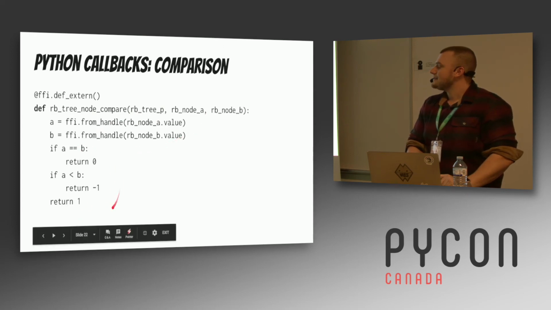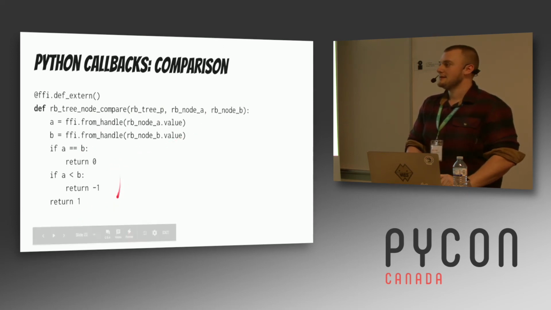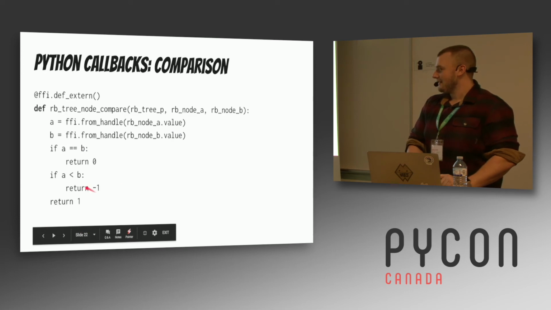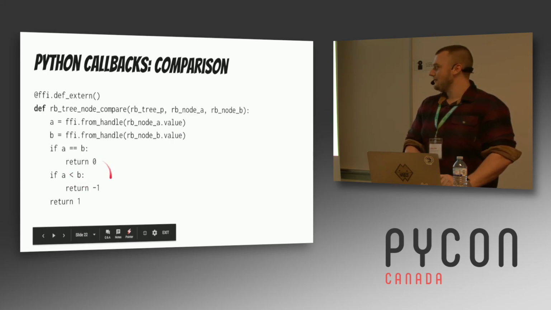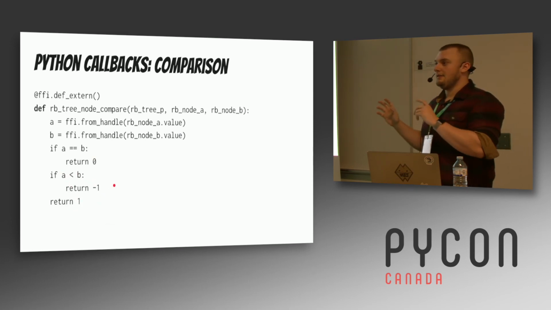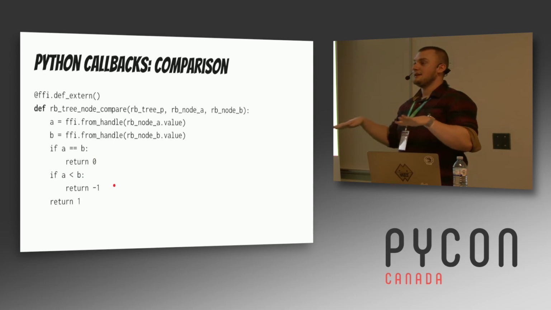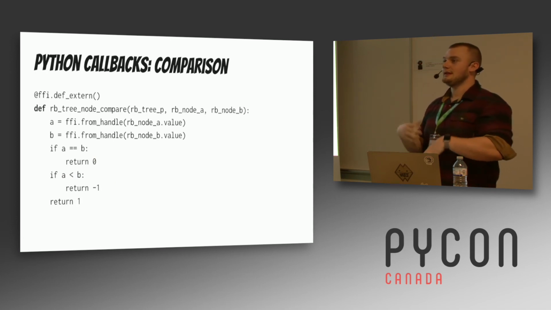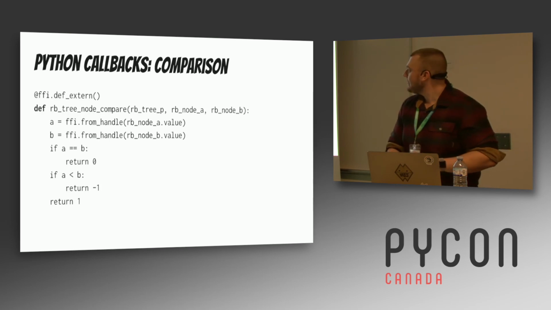This is a pretty standard C comparison thing. If the first thing is less than the second thing, it returns -1, 0 if they're equal, and 1 if the first is greater than the second. The helpful thing about this is that standard Python operators are just going to work. So you can just put arbitrary Python objects in, and comparison will work.